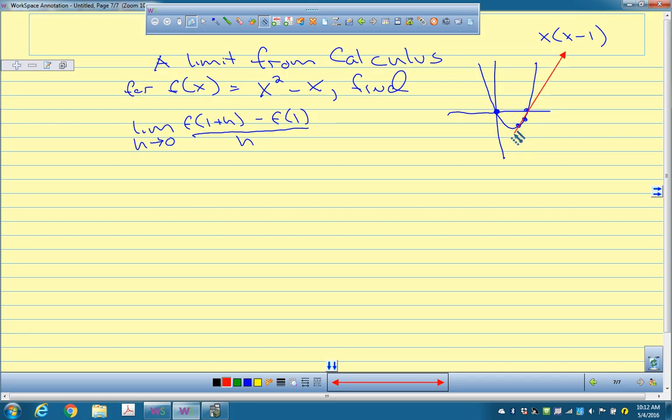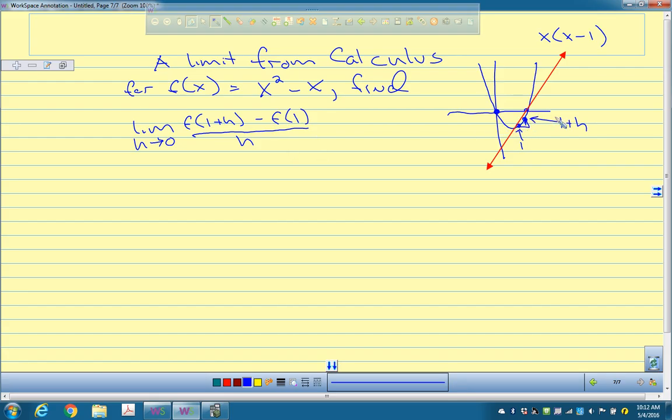What you're finding is the slope of a line, as it goes from the point where x is equal to 1 to x is equal to 1 plus h. So this point would be 1, this point would be 1 plus h. Yes? So what you're finding is the slope of this line from 1 to 1 plus h.